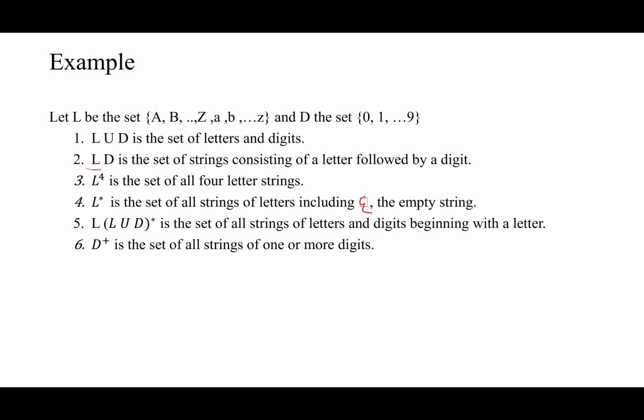Here the strings begin with a letter, strings of letters and digits that begin with a letter. So first it contains a letter, then any combination of letters and digits. Then D plus is the set of strings of one or more digits. It doesn't have the empty string. It contains one or more digits.